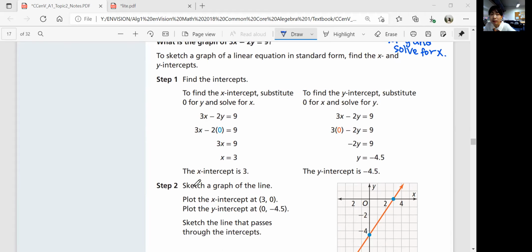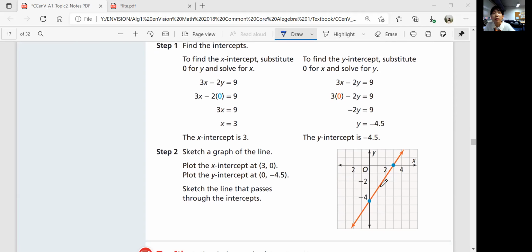So your x-intercept is 3, y-intercept is -4.5, which means you have the points (3, 0) and (0, -4.5) on your graph. So plot the points over here and connect the dots in a straight line. That is your graph.